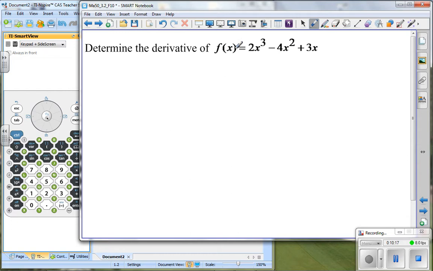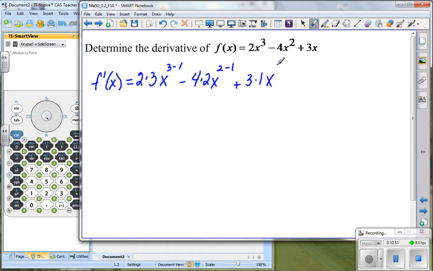Here is where we've got now actually three terms, and in order to find the derivative of this, we're just going to take the derivative of each of these terms and then combine them all together. So again, I want to see your work, so this would start by saying 2 times 3 times x to the 3 minus 1, minus 4 times 2 x to the 2 minus 1, plus 3 times 1 x to the 1 minus 1. Remember, even though we don't see it, it has an exponent of 1 up there.